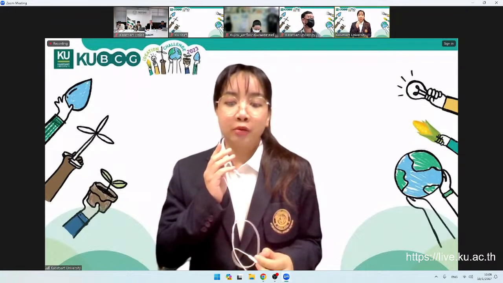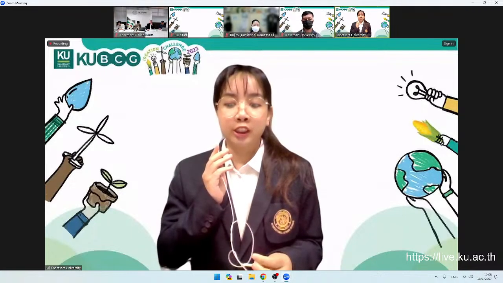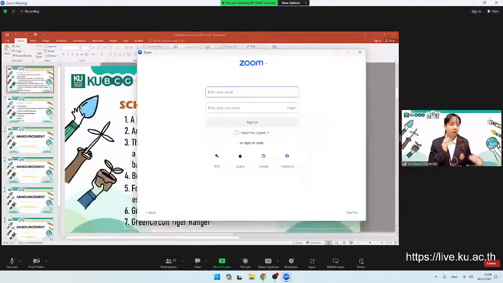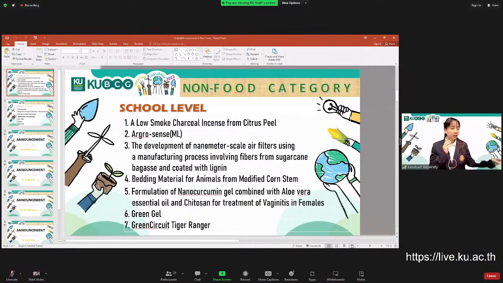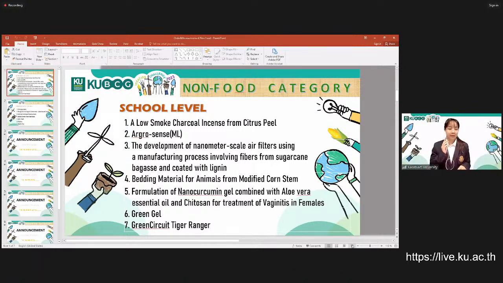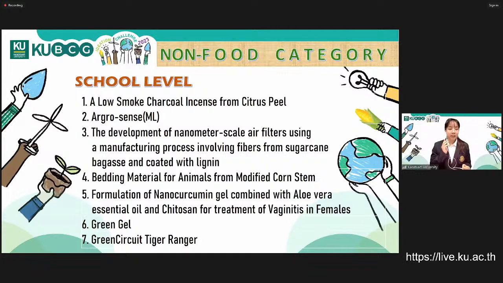The following represents the sequence of teams for today's order. 1. A low smoke charcoal incense from Cedar Peel from Thailand. 2. Agrosense from Thailand. 3. The development of nanometer scale air filters using a manufacturing process involving fibers from sugarcane bagasse and coated with lignin from Thailand. 4.